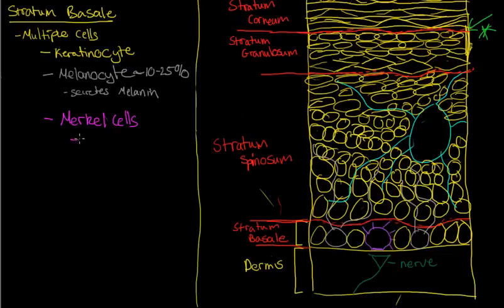So if they're innervated, they're going to be transducing sensory information to your nervous system, and that information is going to be mechanosensory, sorry for my handwriting again, or it's going to be able to feel pressure, and it's also going to be osmosensitive. So it'll be able to detect changes in osmolarity. I'm going to hop onto the next layer here.